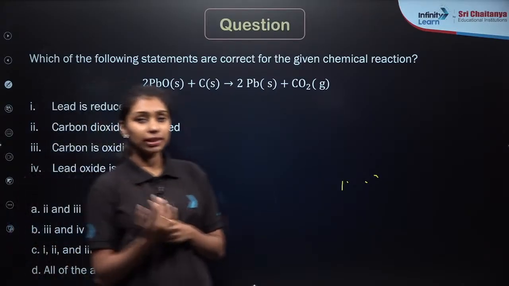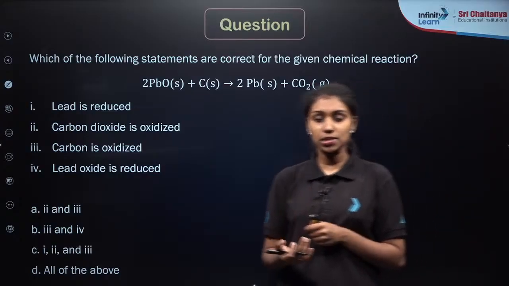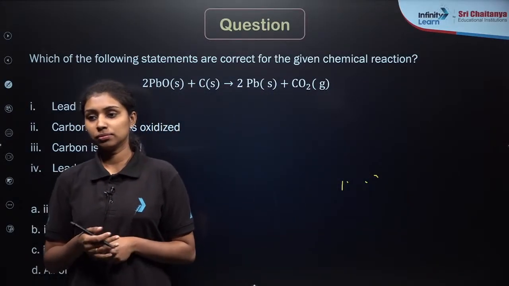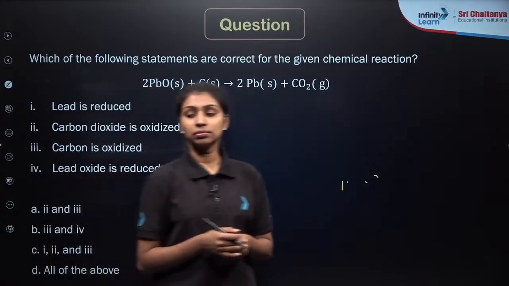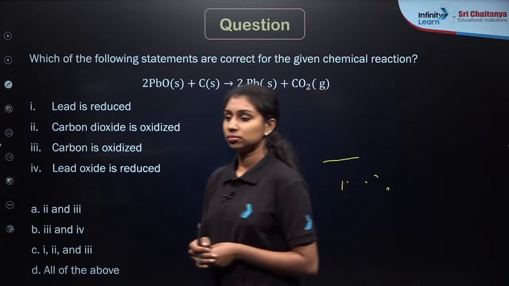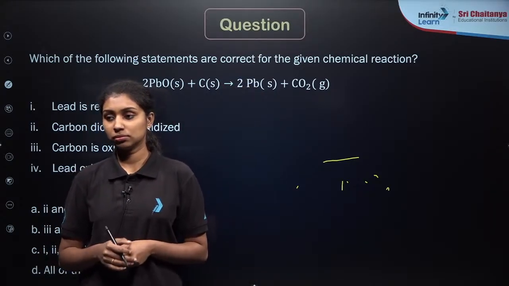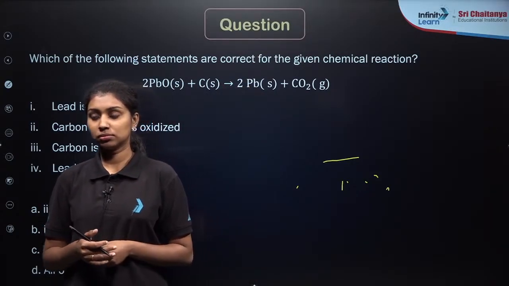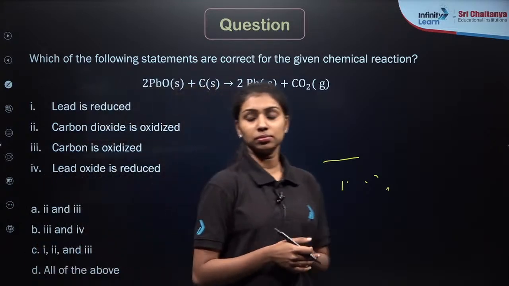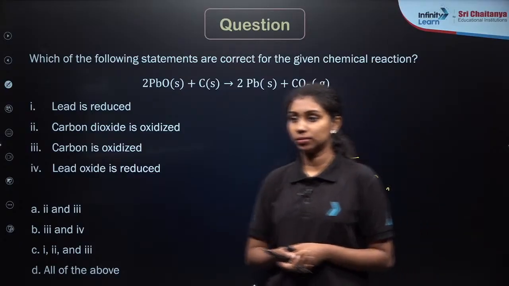In order to identify the oxidizing agent or the oxidation or reduction, here you can use any of the concepts like the classical concept, electronic concept or the oxidation number method. So what is happening here for the lead oxide?